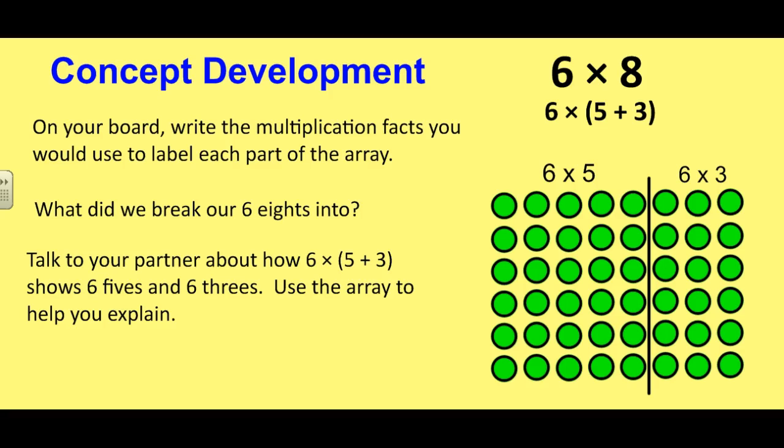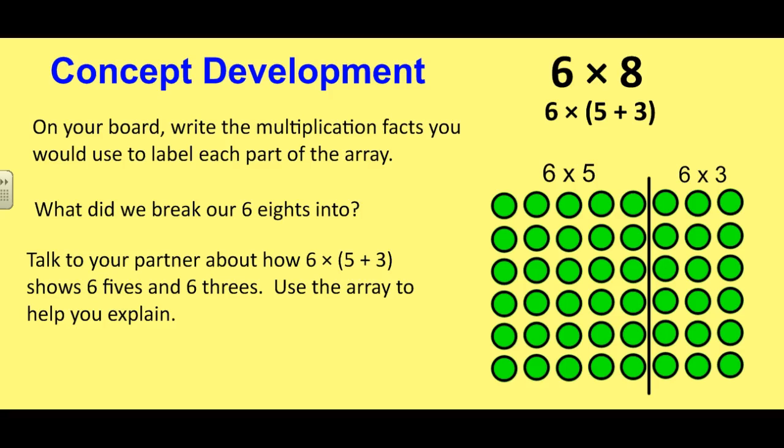So my question to you is, what did we break our 6 eighths into? Because our original problem was 6 times 8. And if you're looking at our array, we broke our 6 eighths into 6 fives, because 6 times 5 is the same thing as 6 fives. And we also broke it into 6 threes, because 6 times 3 is the same thing as 6 threes.